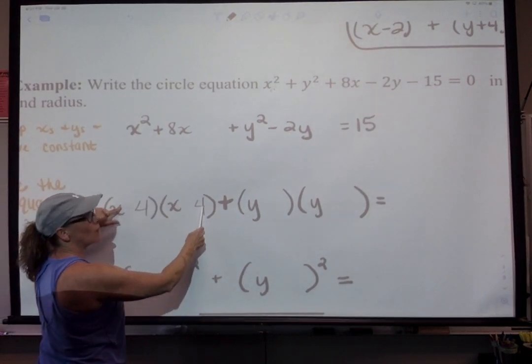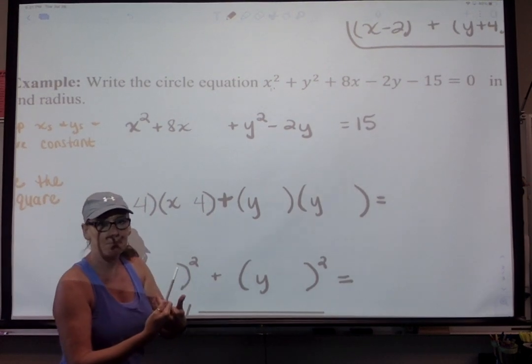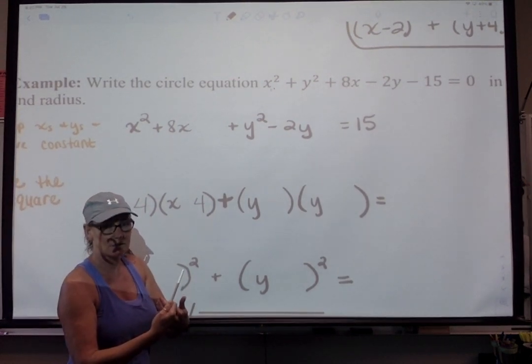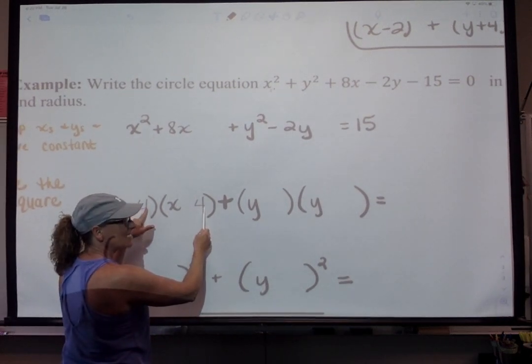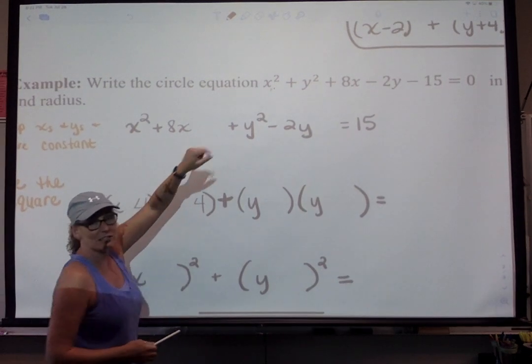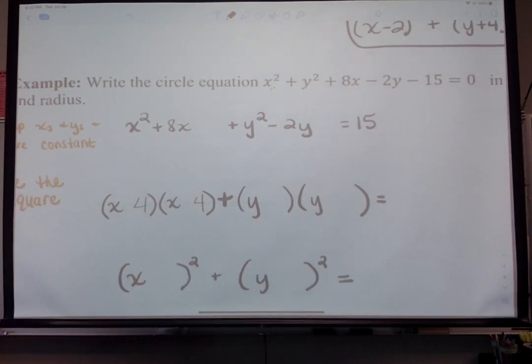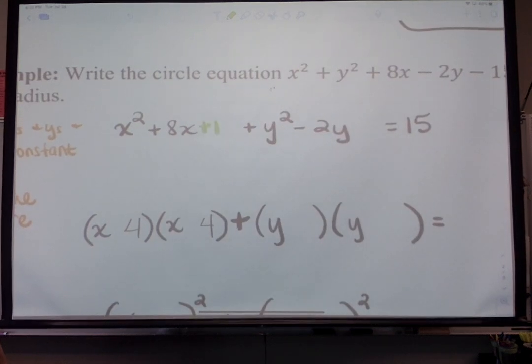Outer, 4x. Inner, 4x. Add them. 8x. Last, 16. You want that number right there to be 16. Plus 16.